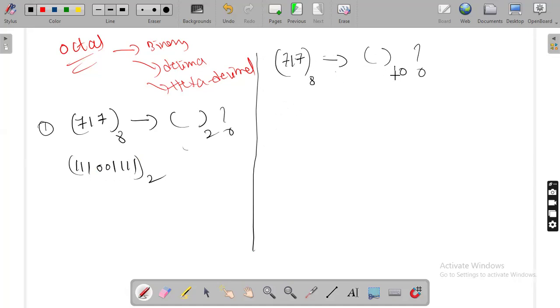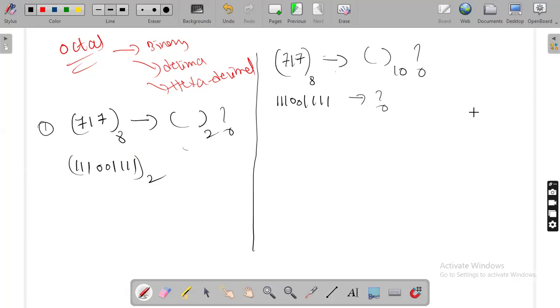Octal style to decimal style. What is the style of octal first? Each digit represents 3 bits. So first write it in octal style: 0, 0, 1, 1, 1, 1. To which style? Decimal style.